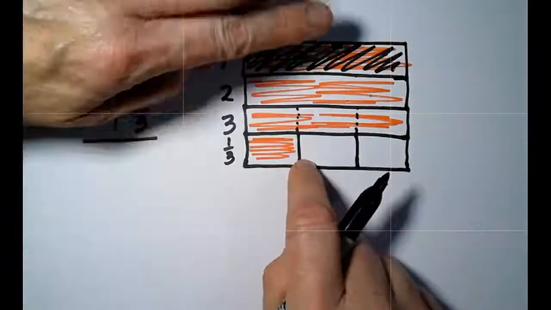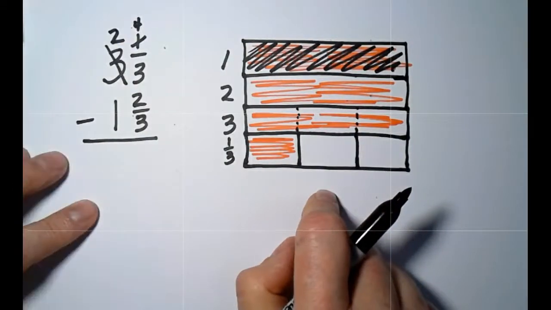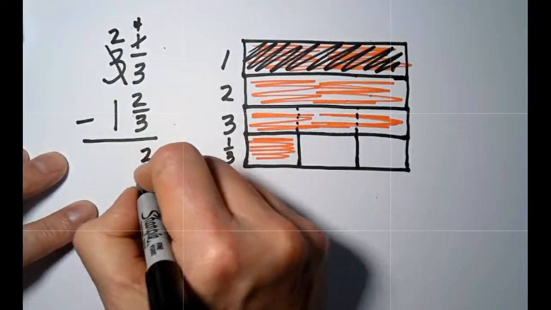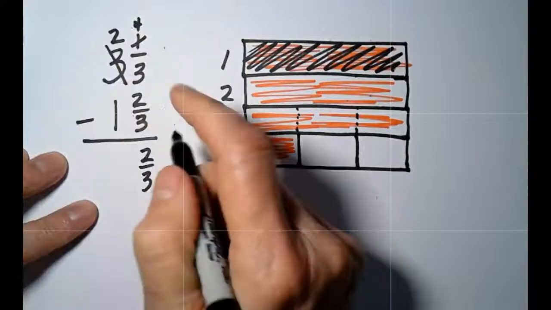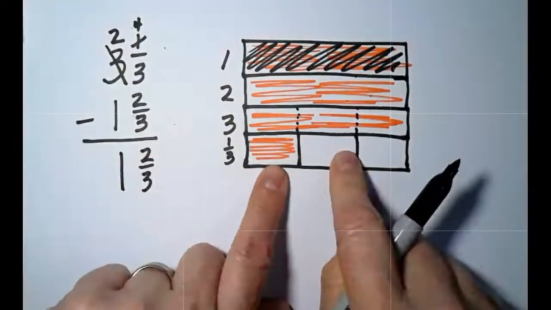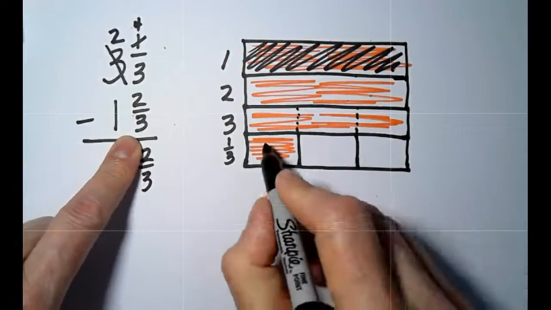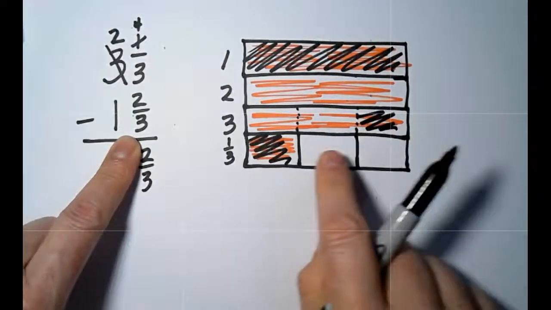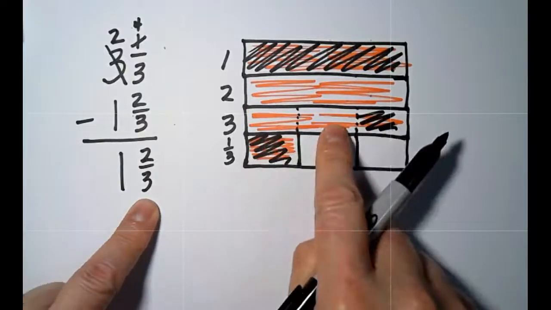So now I have 1, 2, and 4/3, and now I can subtract. 4 minus 2, 2/3, and 2 minus 1 is 1, and if I finish it over here, I've already taken away the 1. Now I'm going to take away 2/3 more, so I take away 1/3, 2/3, and what I have remaining here is 1 whole and 2/3.